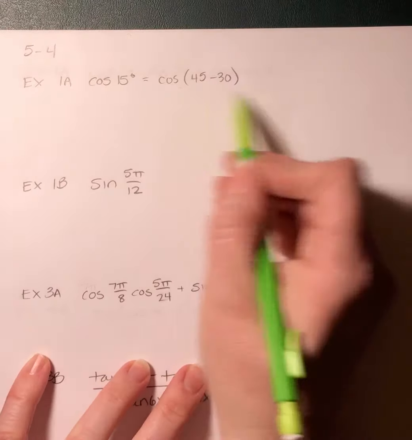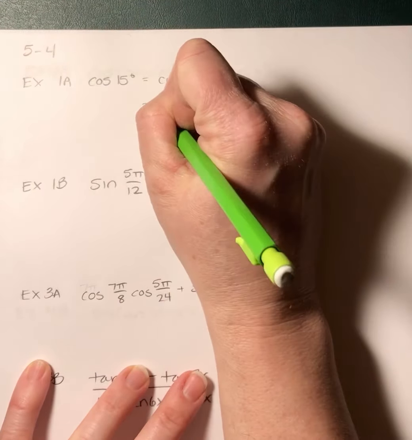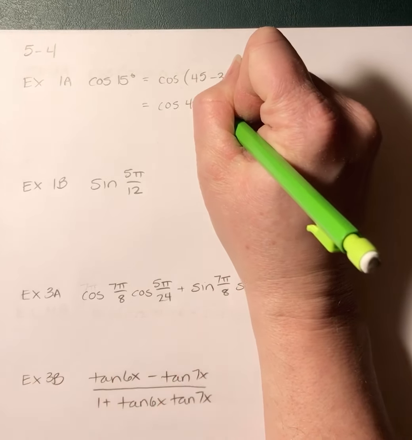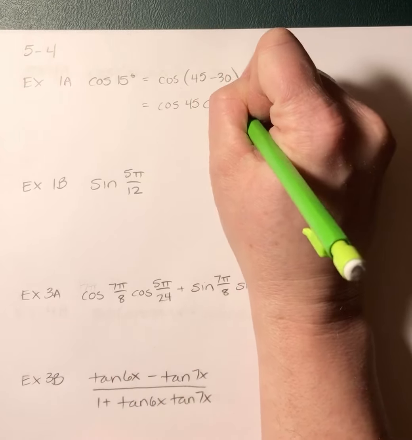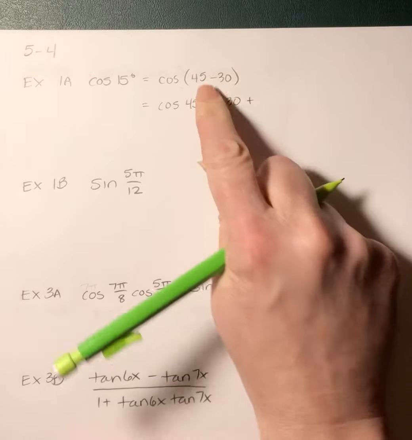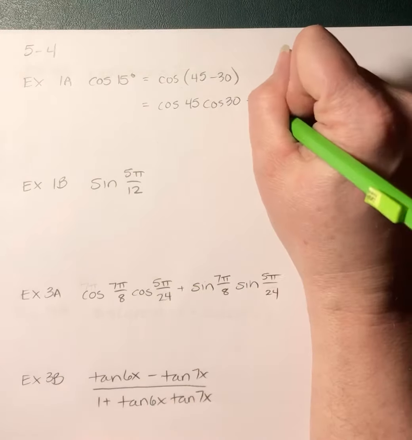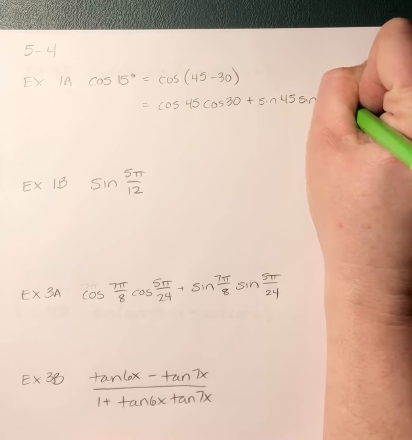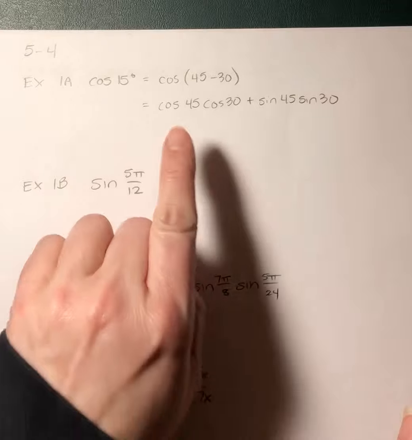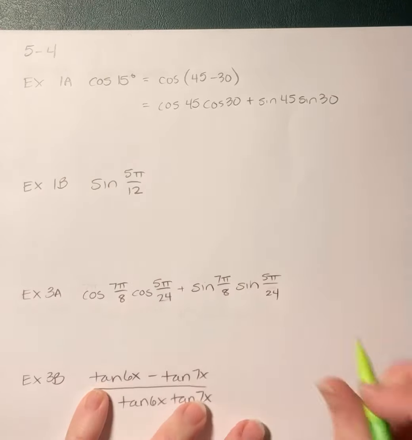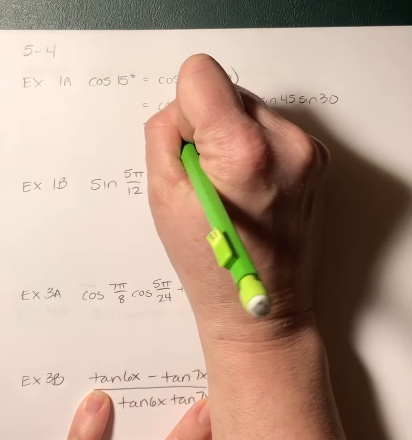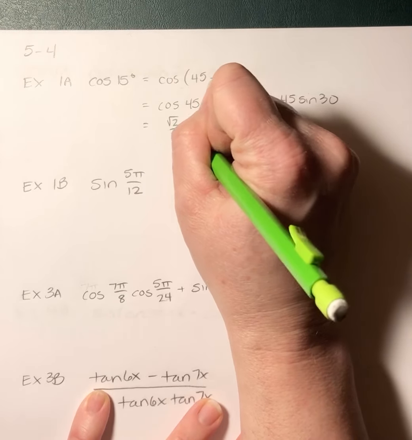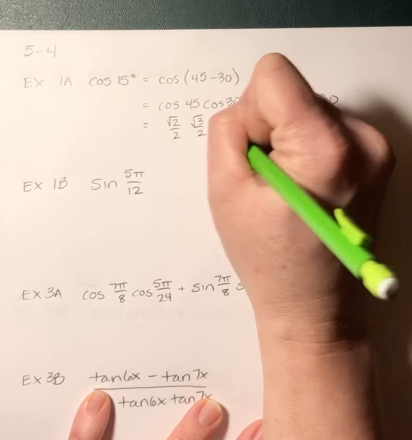So, cosine. I do cosine of 45 times cosine of 30 plus, these are opposites, sine of 45 sine of 30. Cosine of 45 is square root of 2 over 2. Cosine of 30 is the square root of 3 over 2.